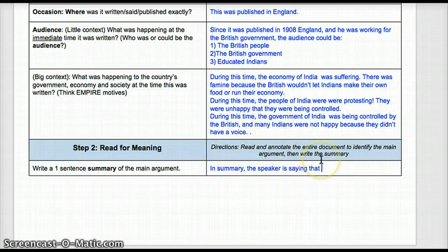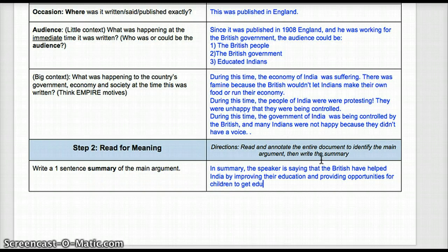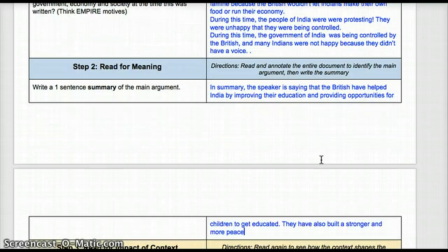In summary, the speaker is saying that the British have helped India by improving their education and providing opportunities for children to get educated. They have also built a stronger and more peaceful government.